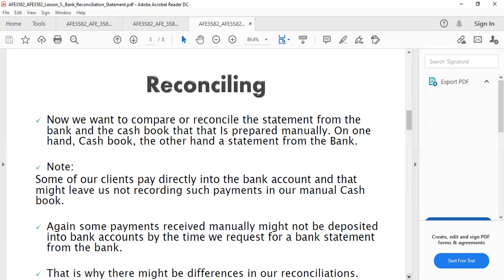Do you understand? That's why such a transaction may not be recorded, may not appear in the manual cash book.